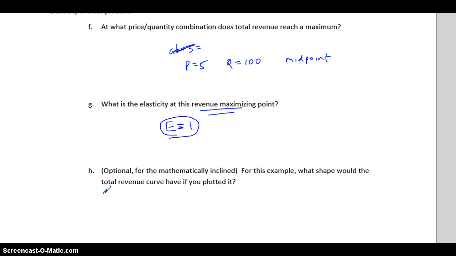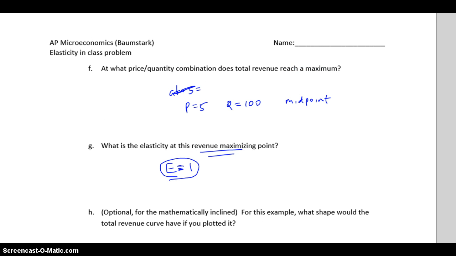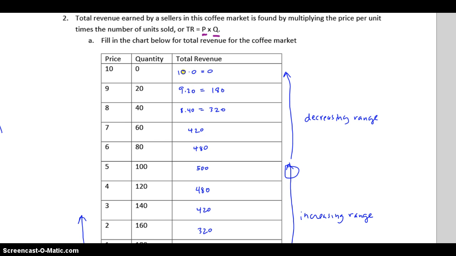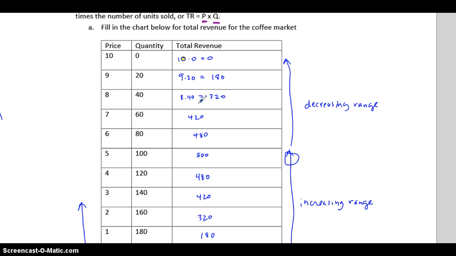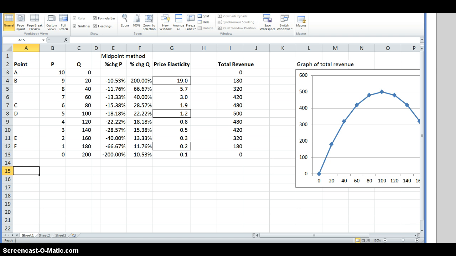Well, I'm going to assume here that you're all mathematically inclined, and I'm asking you what shape would this total revenue curve have if you plotted it. If we go back to the points, it looks like it starts at 0, goes up for a while, hits a maximum, and comes back down. Those of you who've had me before know that I love spreadsheets, so I actually went and put this problem into a spreadsheet here.